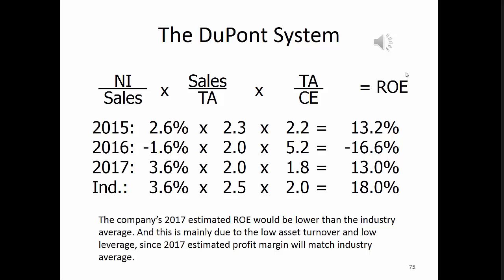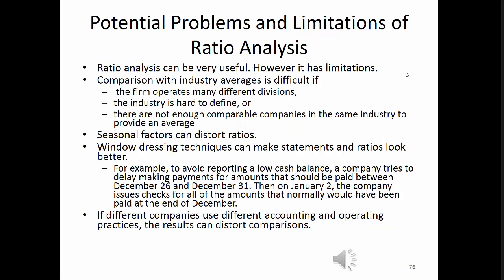So as you see, the DuPont equation here can help us to understand what contributes to the high or low value of ROE. So far we have talked about all these ratio-based analyses. We need to discuss the potential problems and limitations of ratio analysis.